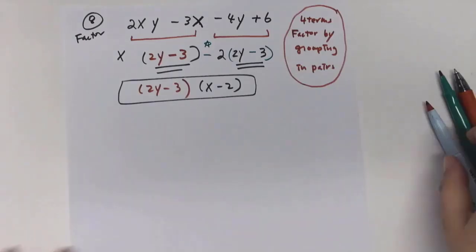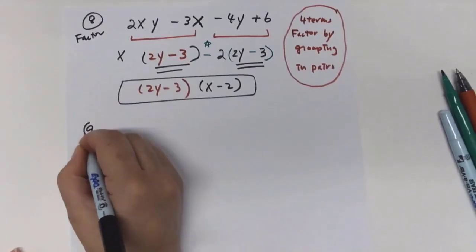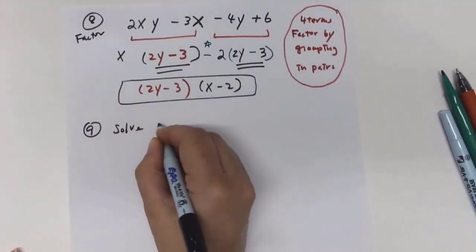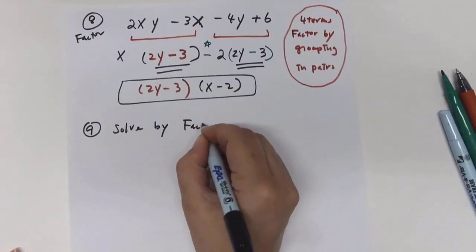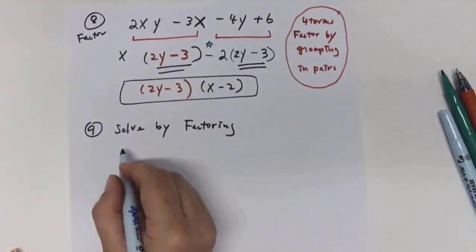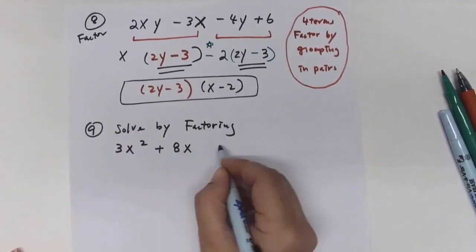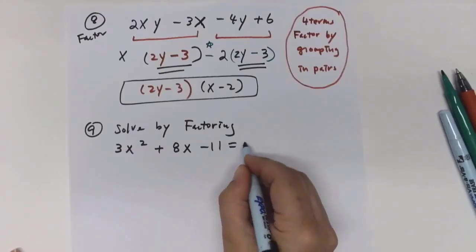Let's do this one. Number 9. Solve by factoring. And we have 3x squared plus 8x minus 11 equal to 0.